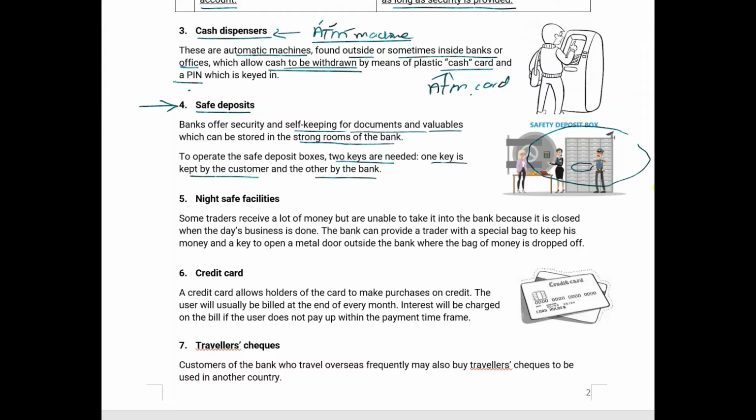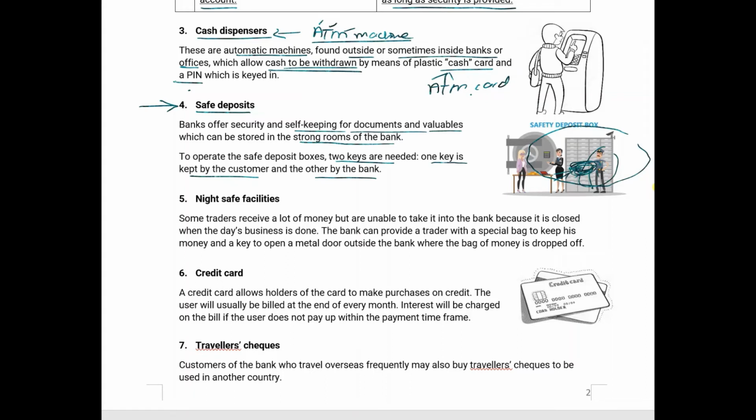So if you want to put your documents or valuables in your safe deposit box, you go to the bank after you open the facility. You will be given a key, so you put in your key to open it, and the bank personnel will also have to put in their key. So 2 keys are needed in order to open the safe deposit box. That's why this one is very secure.